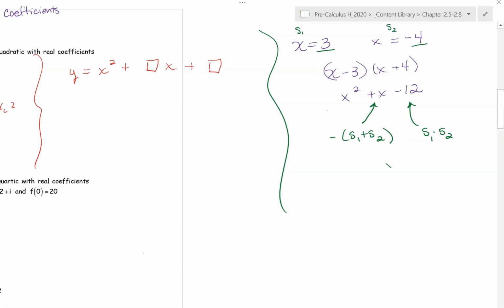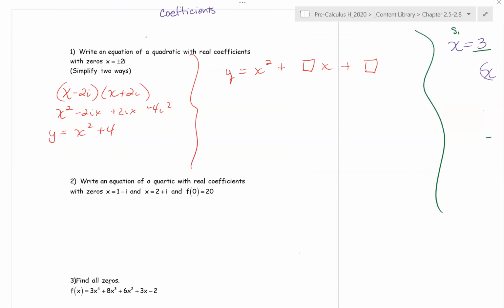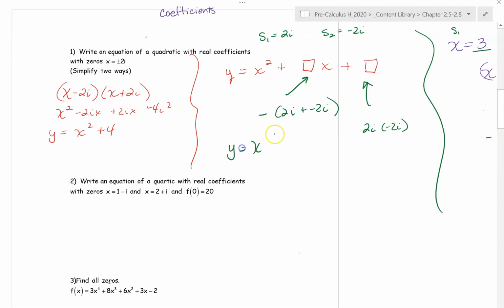So if we know that solution 1 was 2i and solution 2 was negative 2i, the middle term is the opposite of 2i plus negative 2i, and the constant is 2i times negative 2i. So you would end up with y equals x squared minus 4i squared, which is x squared plus 4. So it's just another way to think of it.